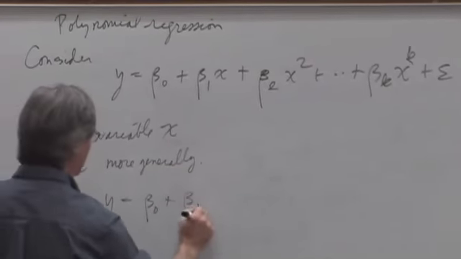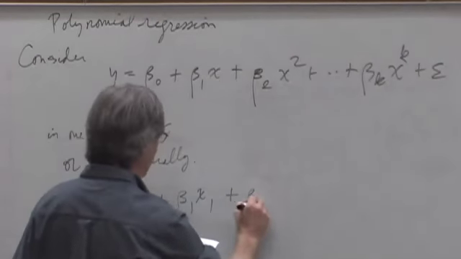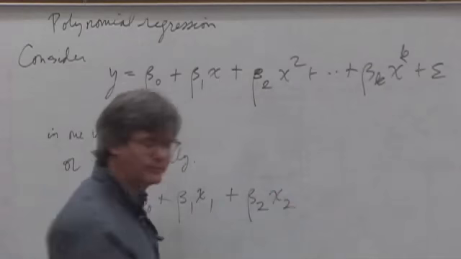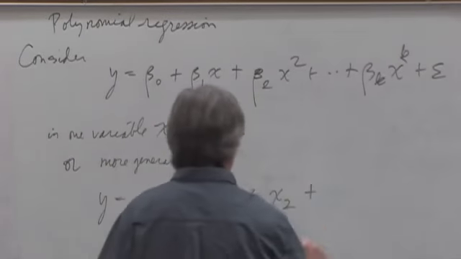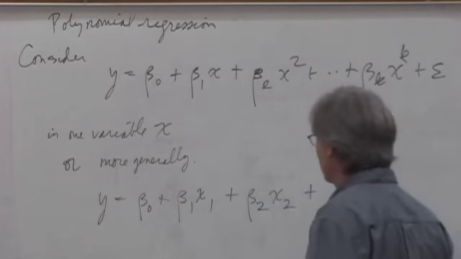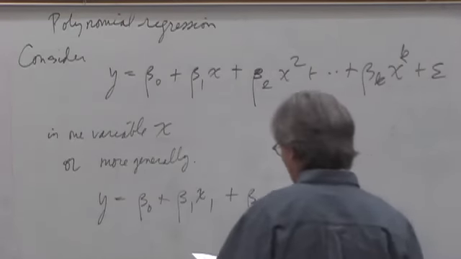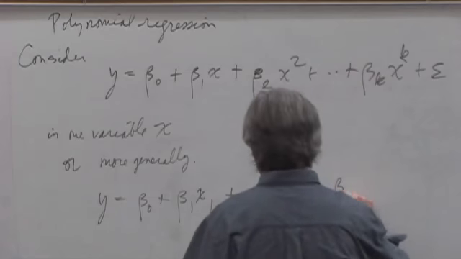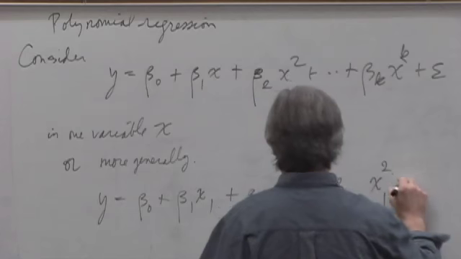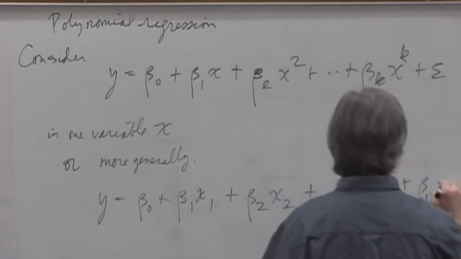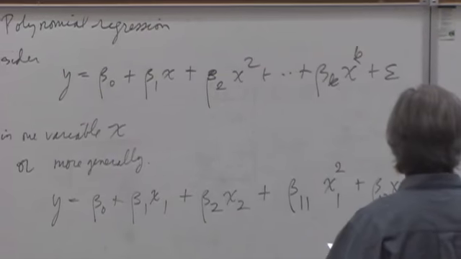I'm mostly just setting down the notation. Beta 1, x1. If I have 2 independent variables, how will I index the betas? Well, a natural way is to put one index for each linear term in the variables, and then do a double index for beta 1,1, x1 squared, plus beta 1,2, x1 x2, plus beta 2,2, x2 squared, plus epsilon.